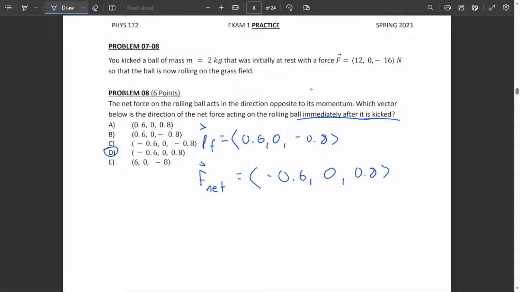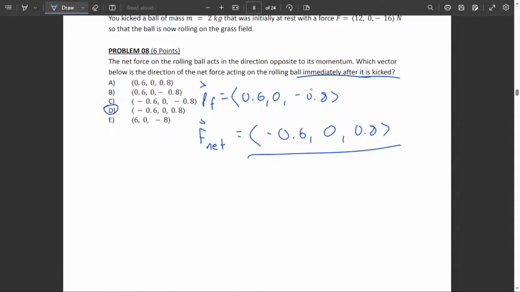One thing about this is I think this question also wants you to convert it to a unit vector, but if you try to convert this to a unit vector, you'll see it already is a unit vector. 0.6 squared is 0.36, 0.8 squared is 0.64. If you add both of those and then take the square root, you get square root of 1, which is just 1.